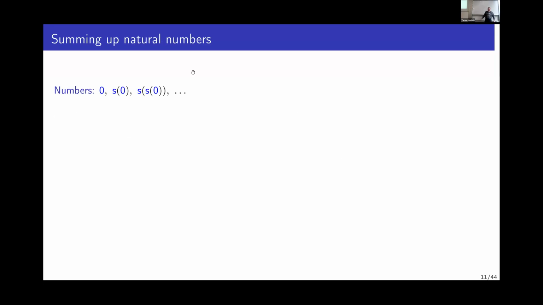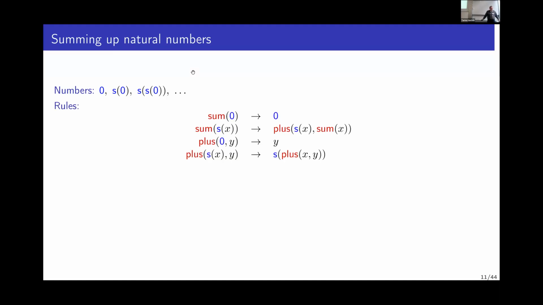If inductive data types is what we're working on, we can represent numbers, let's say natural numbers, as 0, then 1 is the successor of 0, 2 is the successor of the successor of 0, and so on. So in principle, we can represent arbitrary natural numbers like that.